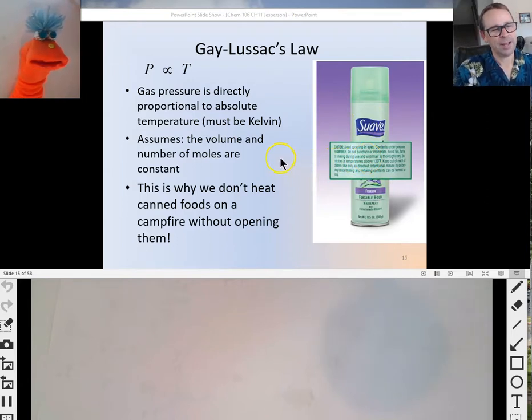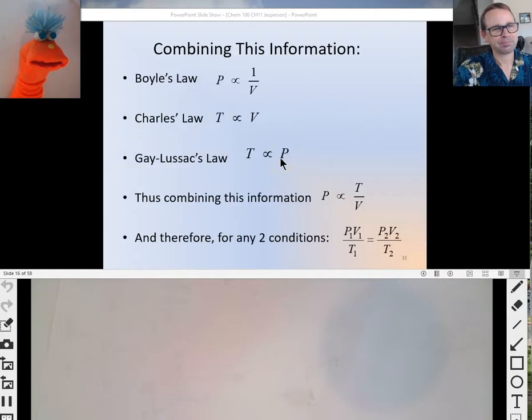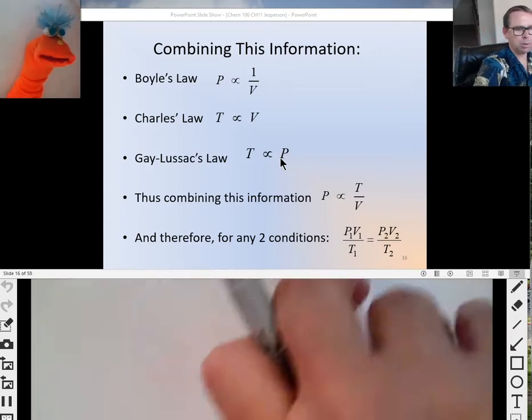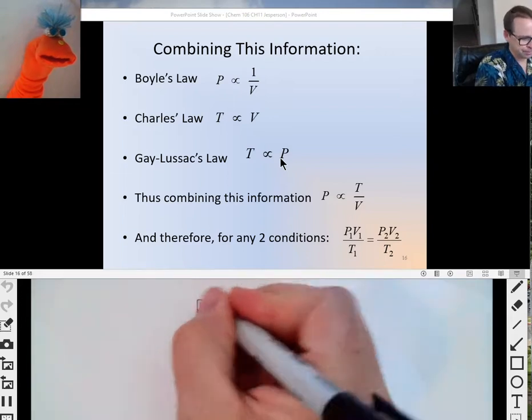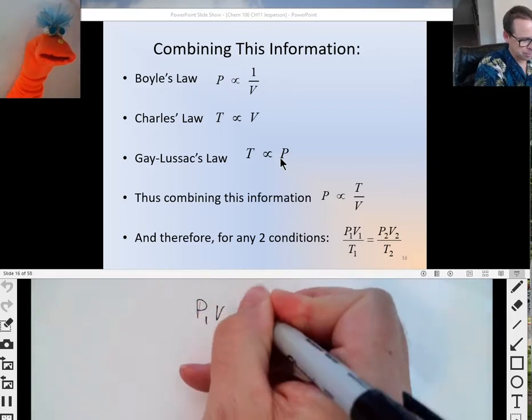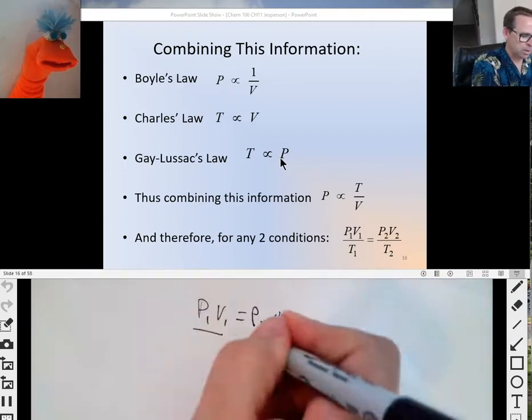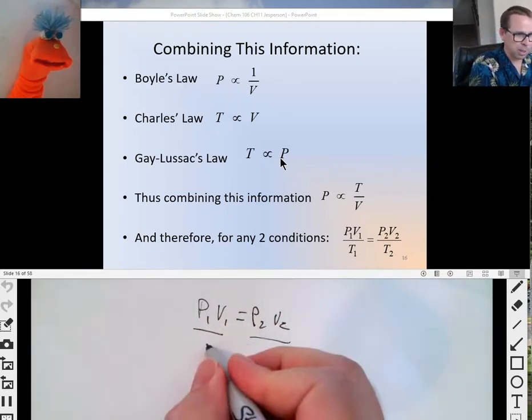All right. So we can combine all these parameters, just like we showed early on, that we could combine the relationship between pressure and volume, like that. We can combine all of these into what we call the combined gas law.